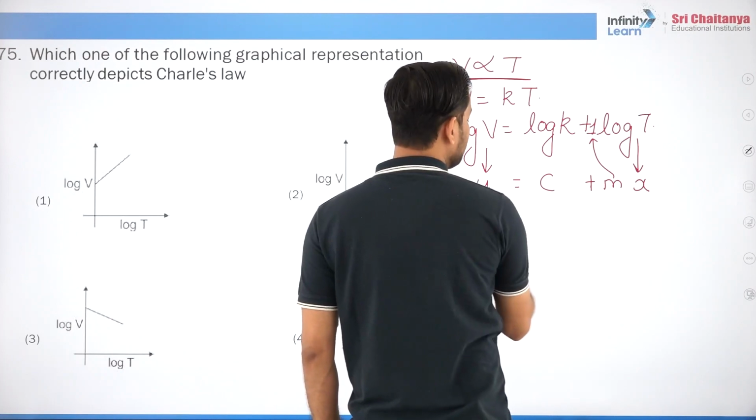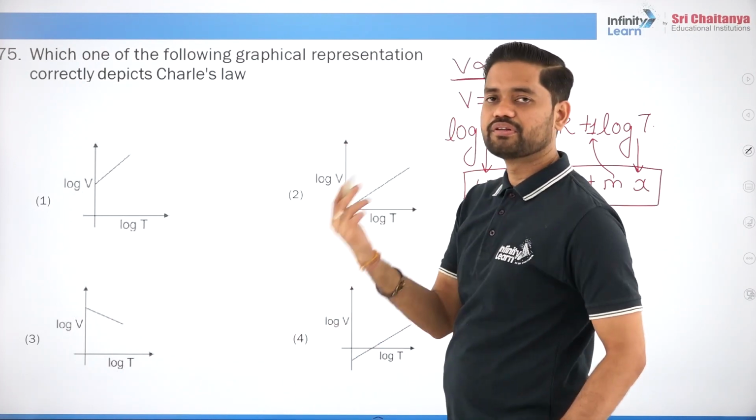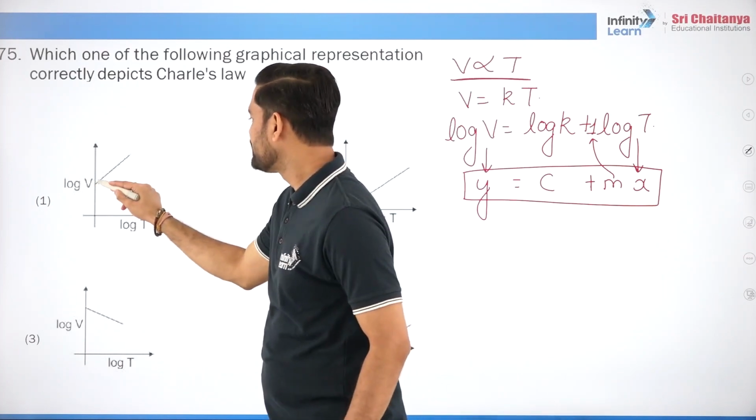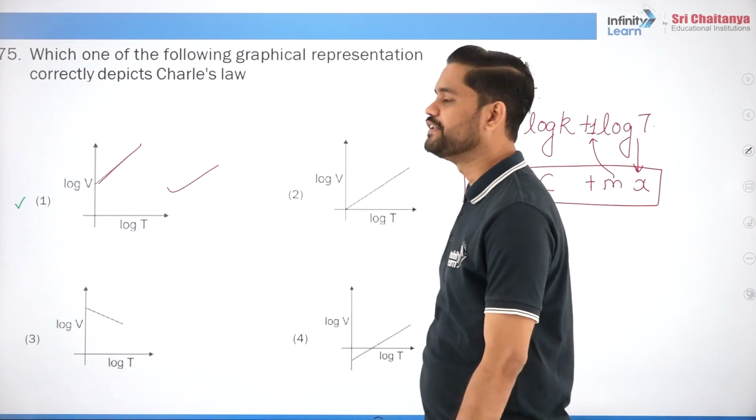It is y equals mx plus c, a straight line that does not pass through the origin. It has a positive intercept, and that is this. Hence option 1 is the right answer for question number 75.